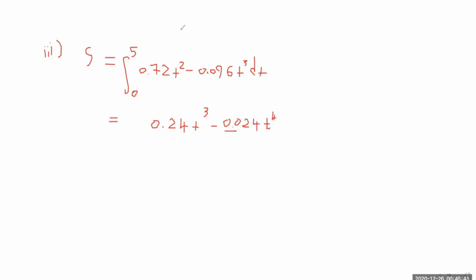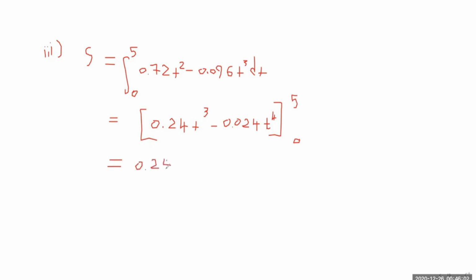Oh, we divided it by 4 already, so it's 0.024 t to the 4, and we're integrating from 0 to 5. Now we don't even need the 0. We're just going to plug in the 5.